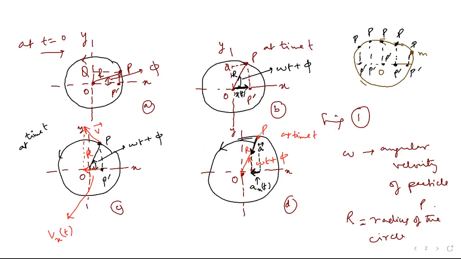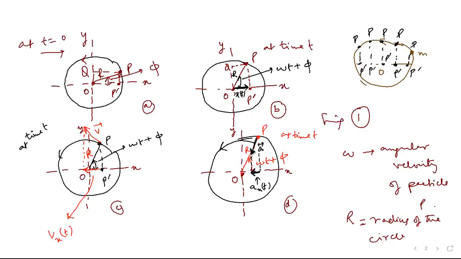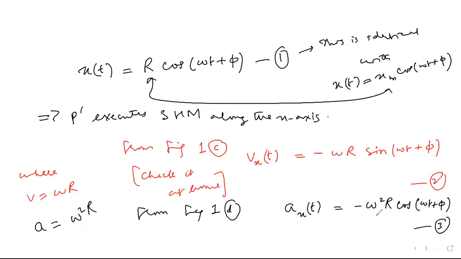In other words, r omega square is the length of this vector A. So when you find its projection geometrically on the x-axis, ax of t, from the figure you can see it will be minus omega square r cos omega t plus phi. Right? So you need to check it at home as well.